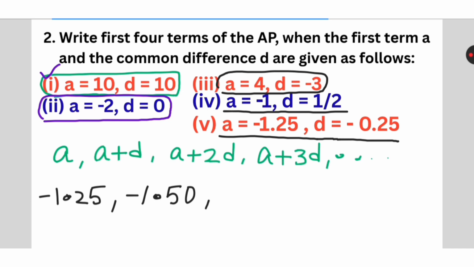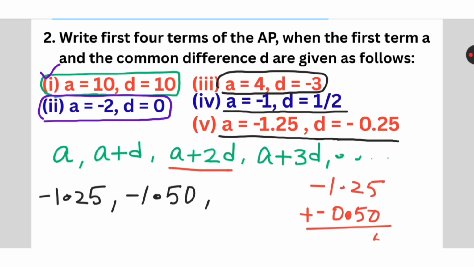Now we need to find the third term, which is A plus 2D. So A is minus 1.25 plus 2D. 0.25 times 2 gives 0.5, isn't it? So here you have to write minus 0.5. If you add these two, then we get minus 1.75. That is our third term.